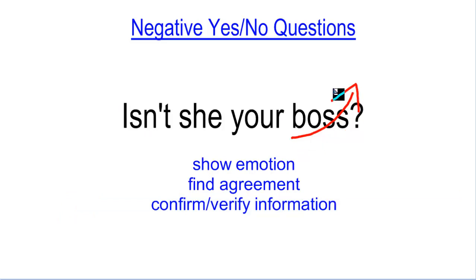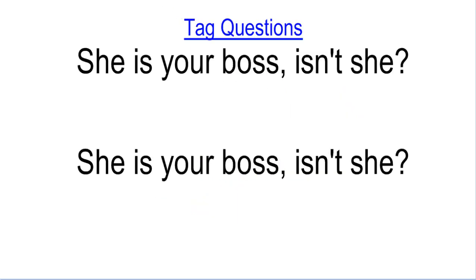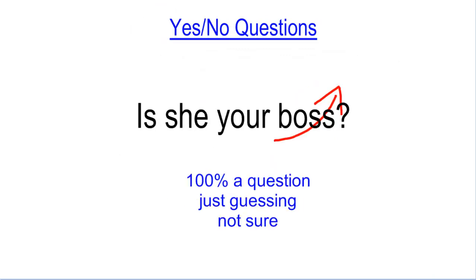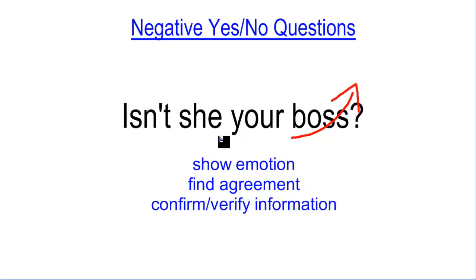It's raising intonation. But tag questions have two possible inflections. You could say, she is your boss, isn't she? Or she is your boss, isn't she? The two have different intentions. It's very similar to having the normal yes-no questions versus the negative yes-no questions.